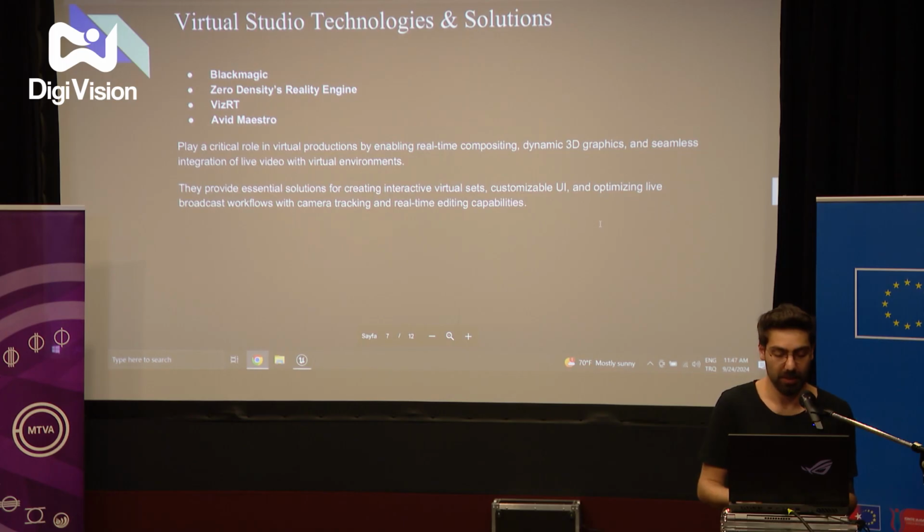For example, in Zero Density's Reality Engine solution, we can directly get the tracker's location into the cameras, and there's visual scripting, so we can directly connect these coordinates into the camera, and we can modify them if we need to.